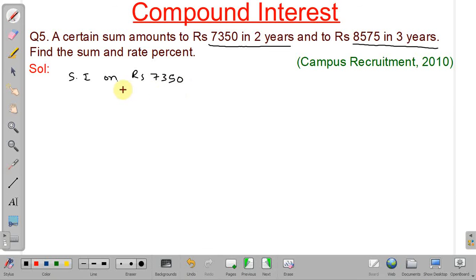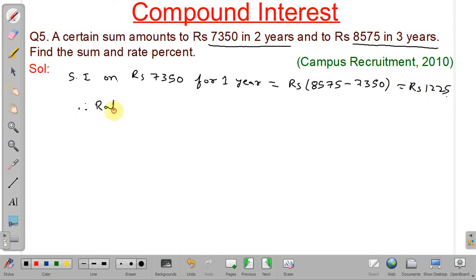So we can find simple interest on rupees 7350 for 1 year. It will be equal to rupees 8575 minus 7350, and it will be equal to rupees 1225. Now we know the simple interest, so the rate percent can be calculated.